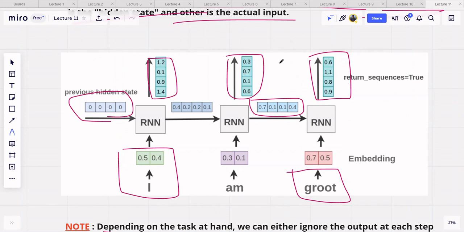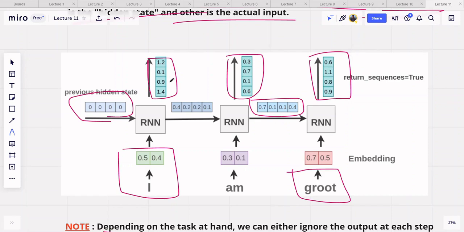For example, in language translation it is a many-to-many relationship, so we will not ignore the output vectors, because we want to translate one sentence into another sentence.